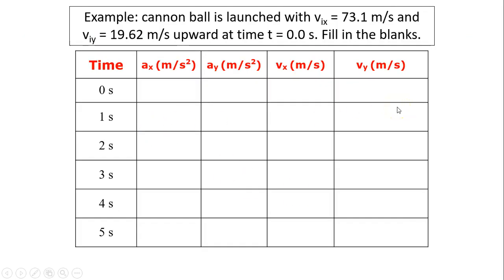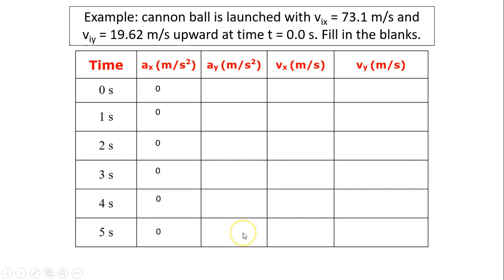Let's take a look at our first example. A cannonball is launched with a horizontal velocity of 73.1 meters per second and a vertical velocity of 19.62 meters per second upward at time t equals 0. You need to fill in the blanks. So first of all, we know horizontal acceleration equals 0 for every single point.